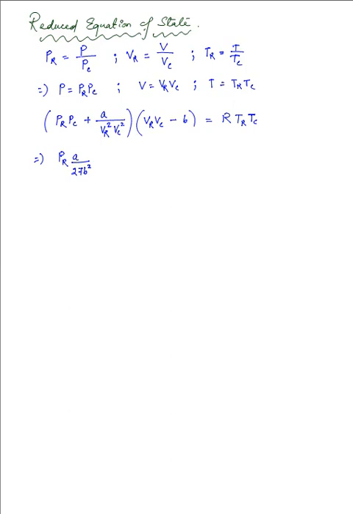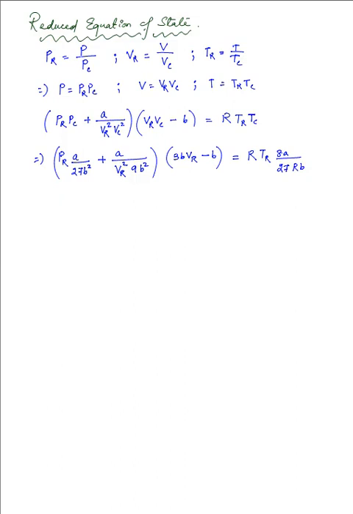And then over here we have a Vr squared. Now as for Vc, we have the value to be 3B, and when that is squared we have 9B squared in this. So we have put the values there. Over here again we put the value 3B for Vc, 3B times Vr minus B, and onto the right hand side we have R times Tr, and the value of Tc, as we know, is 8A over 27RB.